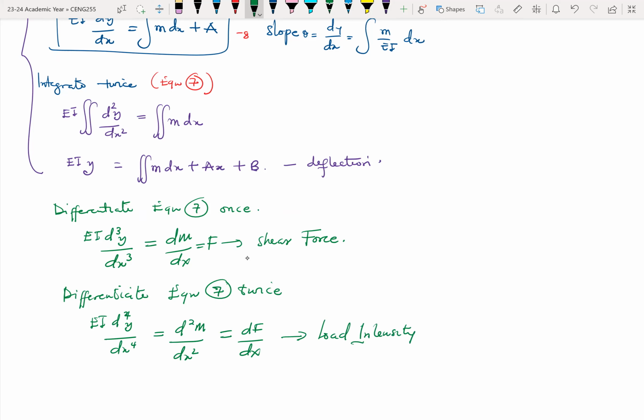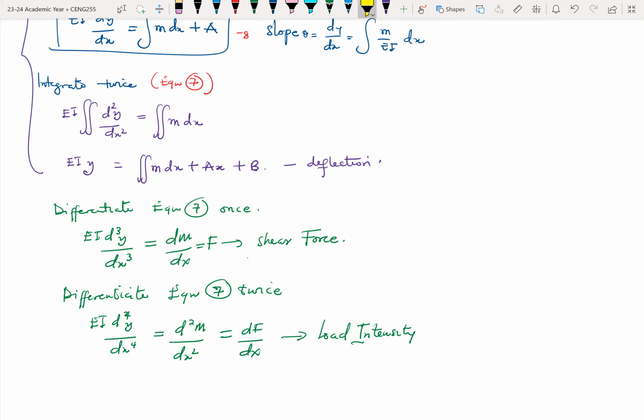So for a UDL, this will be how to find the load intensity, and differentiating once was what we need to find our shear force. And then once you integrate once, you get a slope. If you integrate twice, we get the deflection. All right.